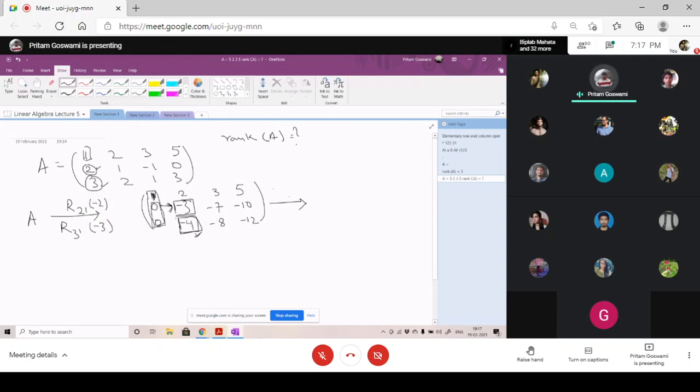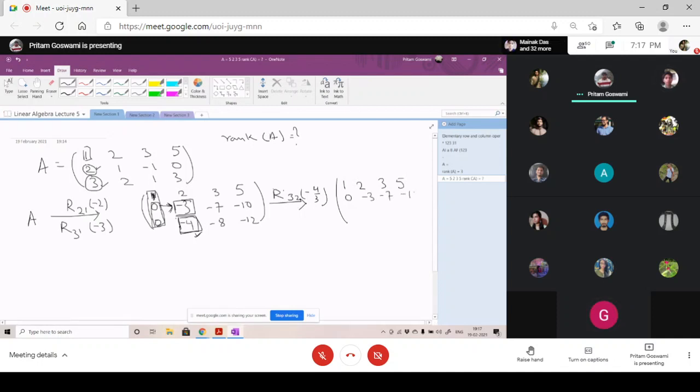So if I now use R2 multiplied by -4/3 and add it to the third row, it will become 0, right? Yes, sir.